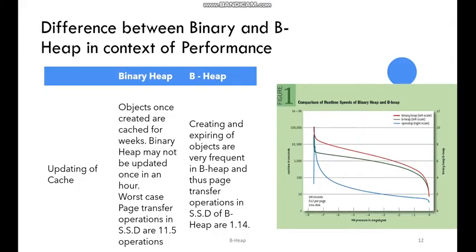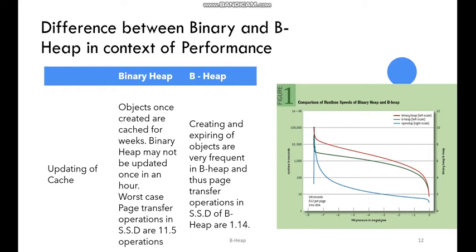In the context of performance, creating and expiring objects are relatively infrequent actions. Once created, objects are often cached for weeks, even months. Therefore, the binary heap may not be updated even once per minute, or in some cases not even once per hour.